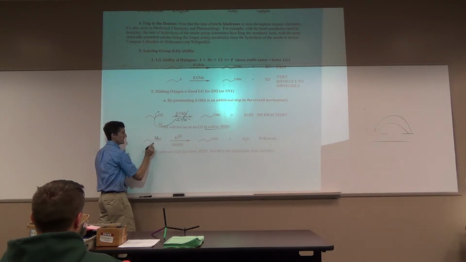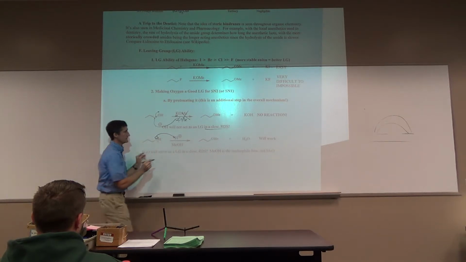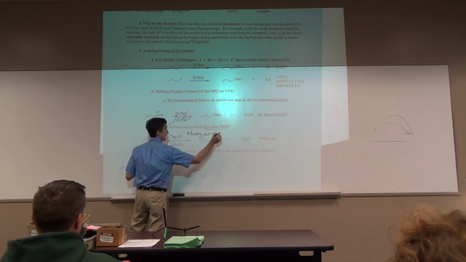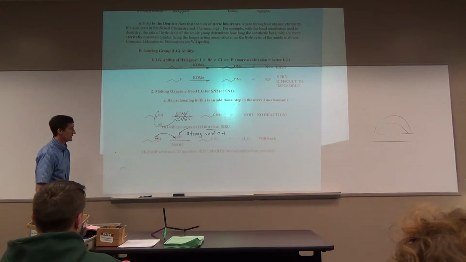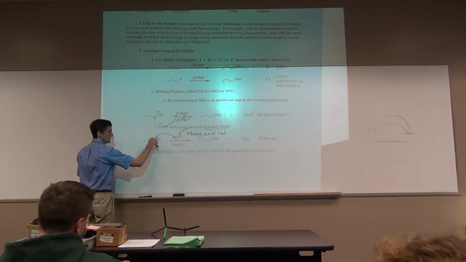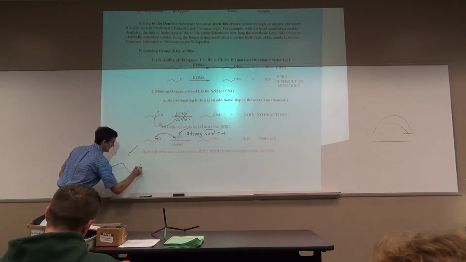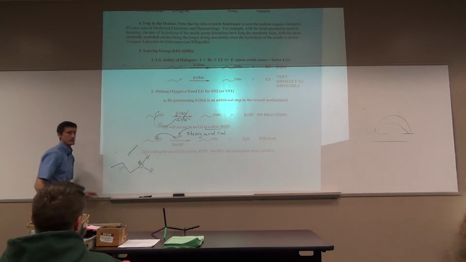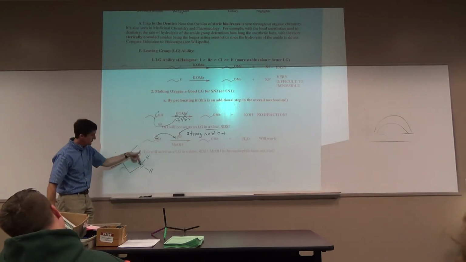If we take these electrons and react with the acid, include a strong acid catalyst, this can act as a base, and we can protonate the oxygen. H plus is called a proton. Protonate the oxygen.